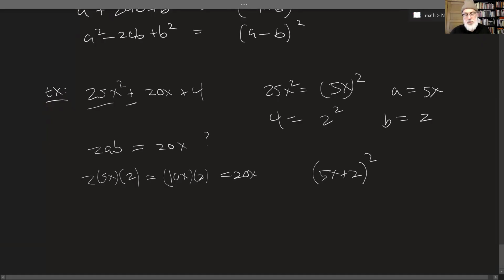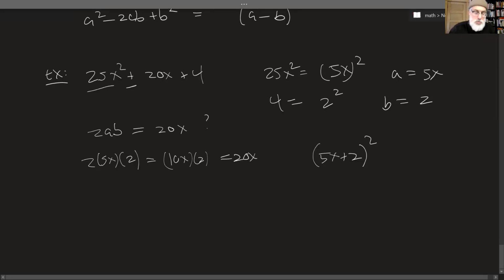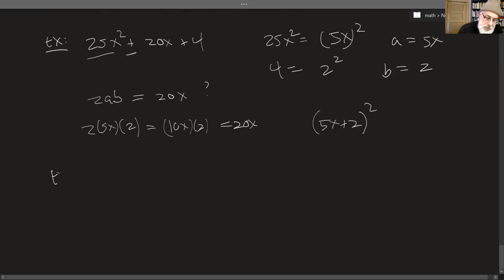Again, the middle part you can kind of see just from the fact that we have 5x times 2 times 2. You don't necessarily always need to write this down, but as you're learning, it's good to write. You can never write too much. I suppose you could write too much, but when you're starting, write out as much as you need to feel comfortable.